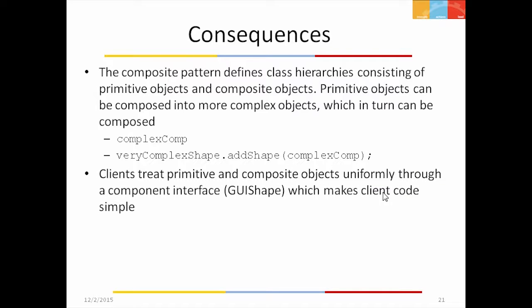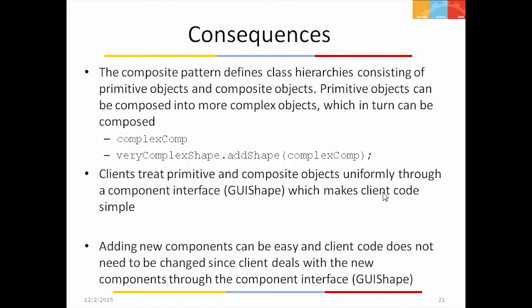Now client basically treats primitive as well as composite objects uniformly throughout in the code, and basically treats all of them as a GUI shape. So that makes the client code really simple. Adding a new component can be really easy, and a client code really does not need to be changed.